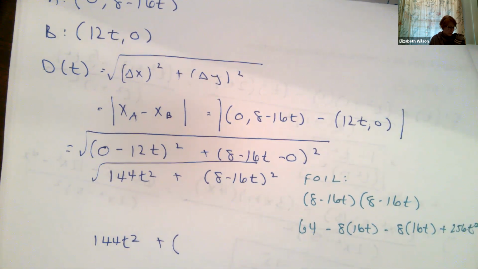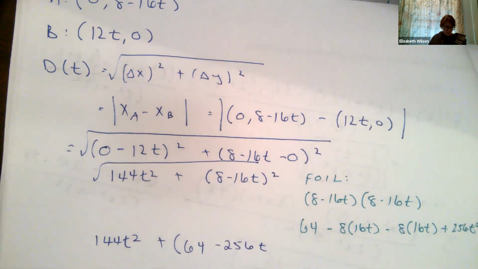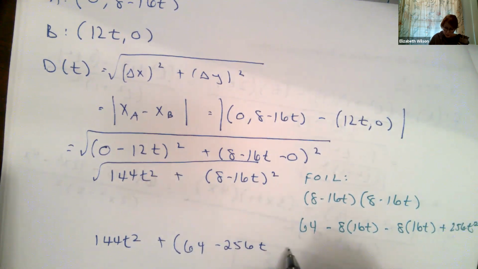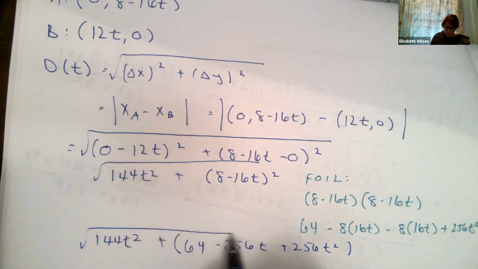So it's going to look like, let's see if I can get this right. Let's see, 64. What's 8 times 16? 8 times 16 times 2. Good. Minus 256t. And then 16 squared plus 256t squared, square rooted.